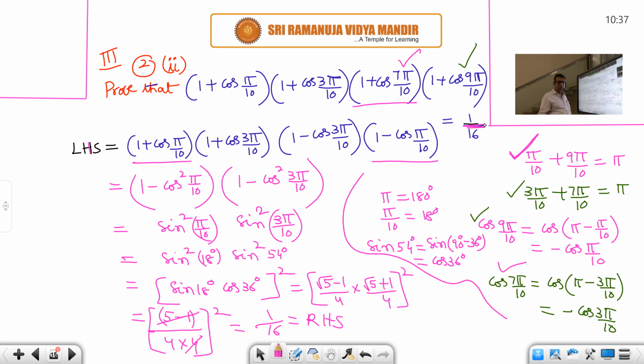Some questions will be from the work session, some from the textbook, both solved examples and exercise problems. Multiple and submultiple angles are not in the syllabus for the next exam. Only compound angles and the previous one, trigonometric ratios.